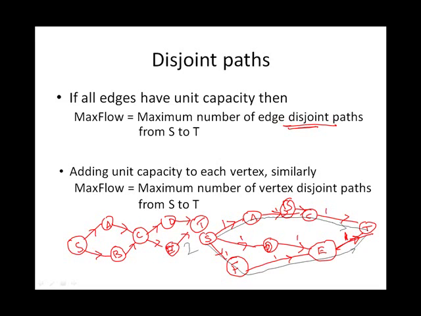Okay. So consider this graph G dash. Okay. So how many edge disjoint paths are there?